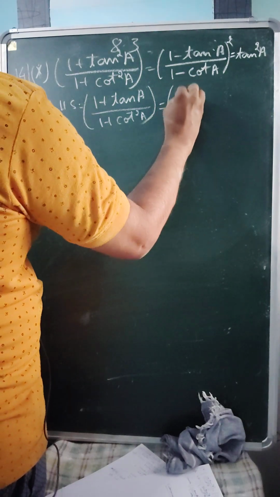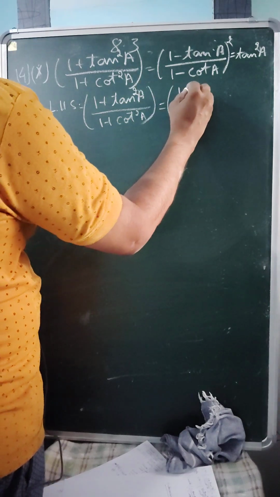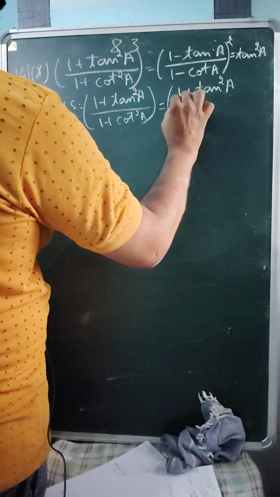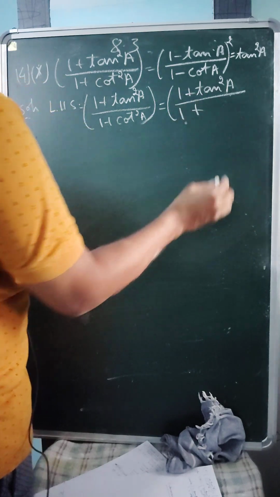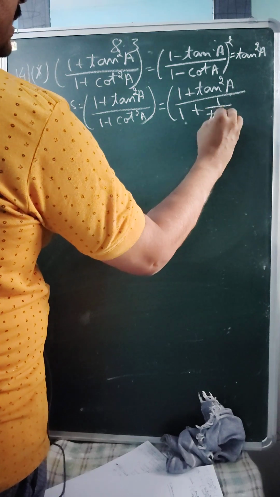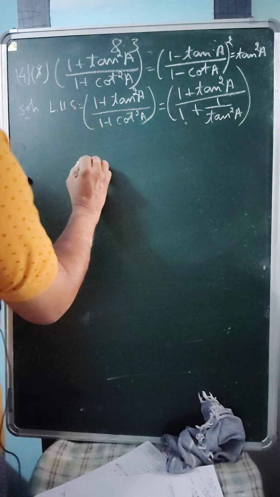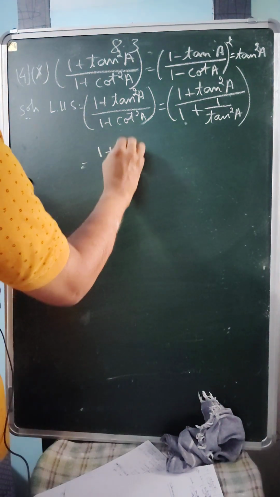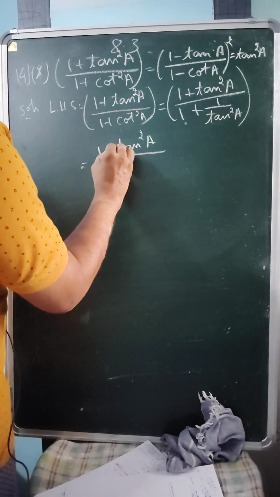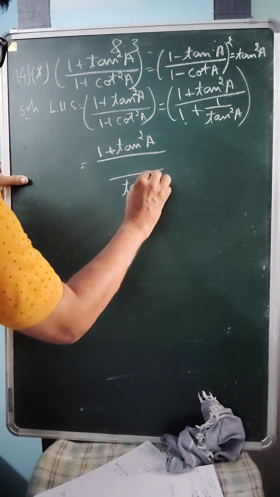So the numerator is as it is, 1 plus tan square A, whole divided by 1 plus cot square A. Instead of cot square A, I will write 1 by tan square A. Take the LCM for that. 1 plus tan square A as it is, whole divided by, here the LCM is tan square A.